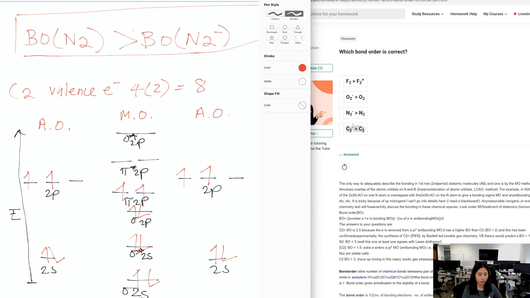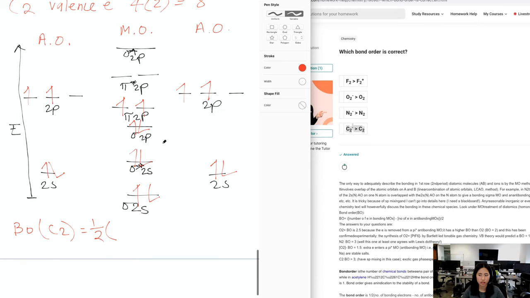Now, bond order of C2 is going to be 1/2 of your electrons found in your bonding. Okay, so this is 2 right here, and you have 4.